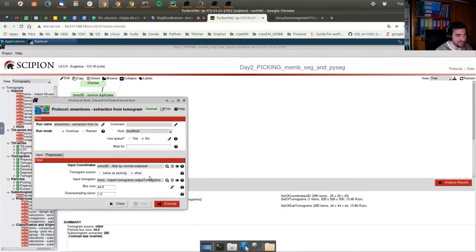In this case, I'm using the same, the import. But for example, you can have another kind of reconstruction you want to use.